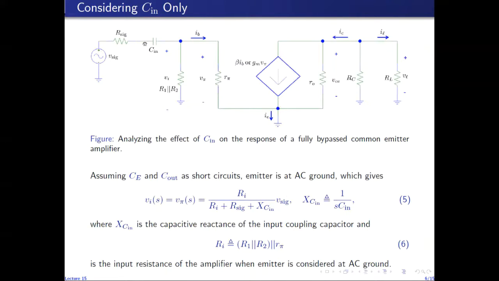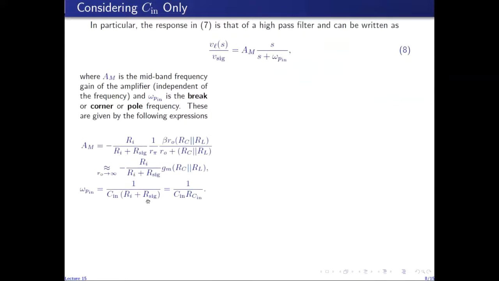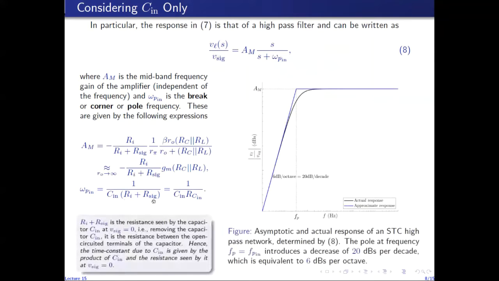The resistance between this terminal and ground, looking in towards the left, since V sig is short circuited, is simply R sig. And the resistance between this node and ground looking towards the right is simply Ri. Because the two grounds are connected, the total resistance is R sig plus Ri. So R sig plus Ri is the resistance seen by the input coupling capacitor Cn. That is why I've written it as RCN.